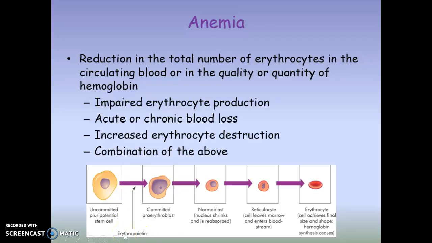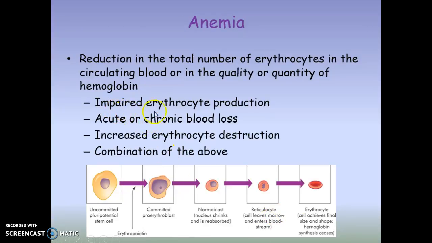Erythropoietin is secreted from the kidneys in response to a variety of things, including hypoxia, and signals this stem cell to become a committed proerythroblast that moves into the phase of being a normoblast, into a reticulocyte, and then finally a mature erythrocyte.